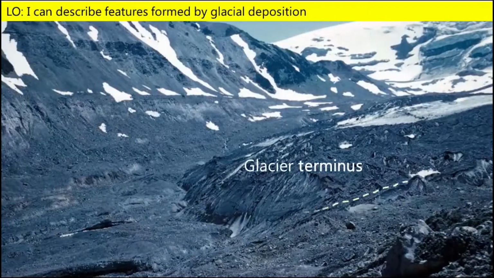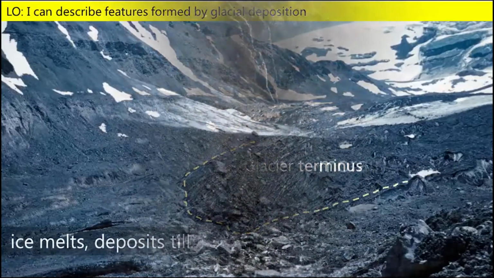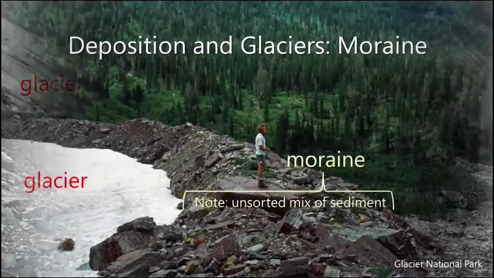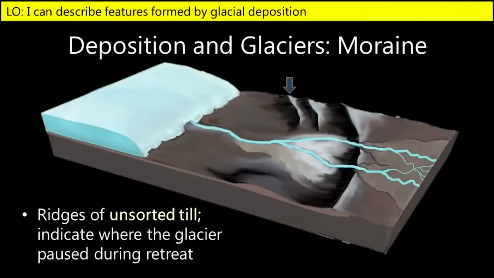Ice at the terminus of a glacier will melt and dump piles of till. If the position of the terminus remains stationary for some time, it can leave behind a ridge of unsorted till known as moraine. Moraines essentially define where the glacier paused, and the position of the moraine that is farthest down the valley, the terminal moraine, indicates how far the glacier extended during its history.